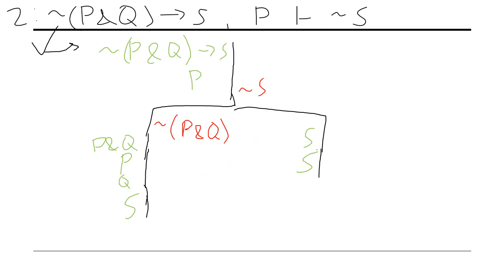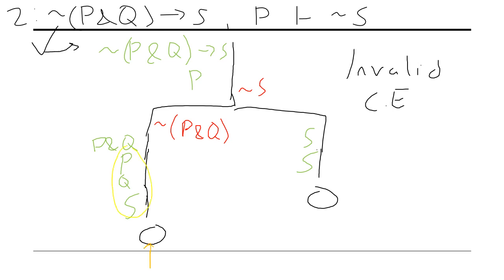So in this one, we can see that we have nothing that closes off here, and we have nothing that closes off over here. So since nothing closes off, it's going to be invalid. And then we're going to need a counterexample. I'm just going to look at this one over here.